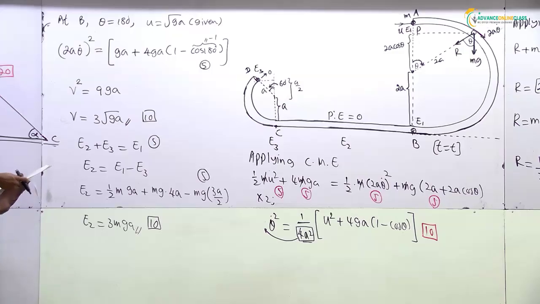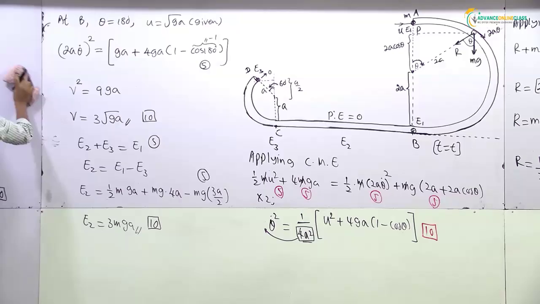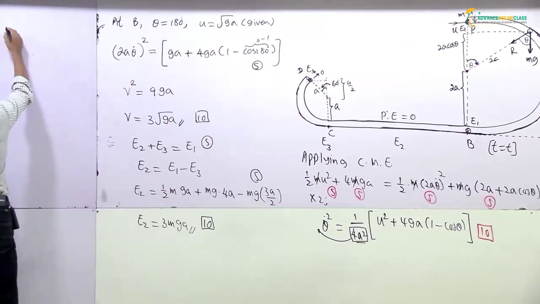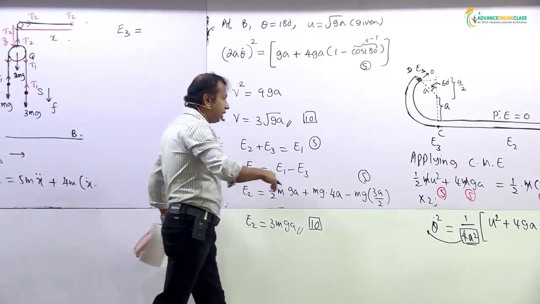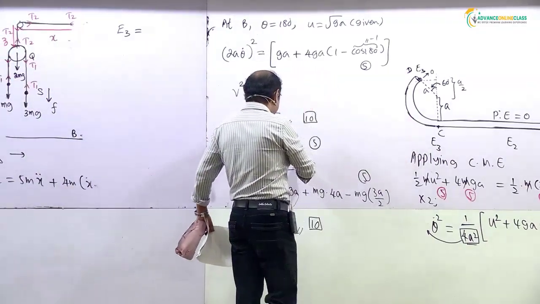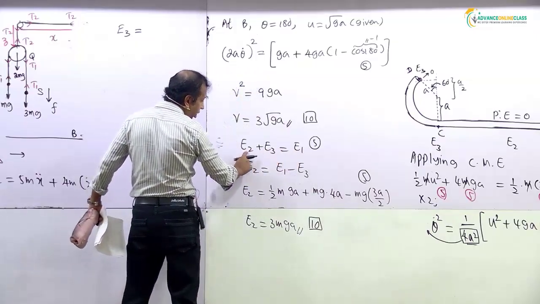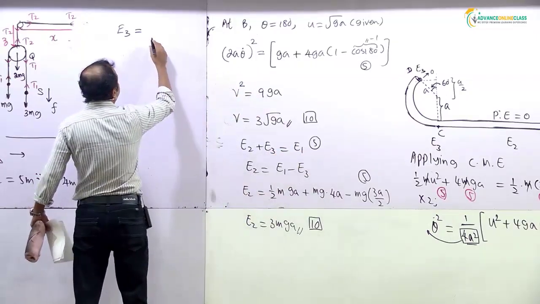Yeah. We can now write energy at C. Energy at C, I took as what, people? E3, no? Right. Energy at C, E3. E3 equals, in this equation, take this E2 to the right hand side, E1 minus E2.